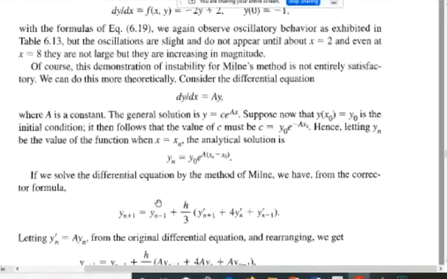We want to solve the differential equation with Milne's method.